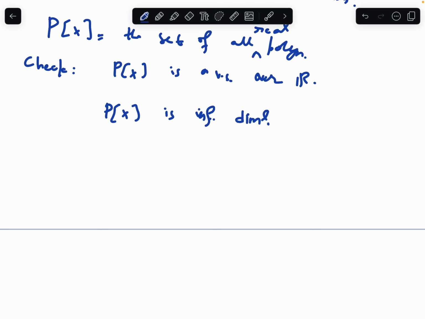Let's see some more examples. Look at these vectors u and 2u inside V. Are they linearly independent or not? These are linearly dependent in V. Let's see how.